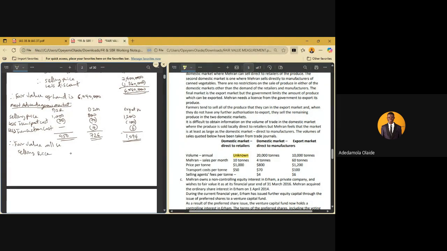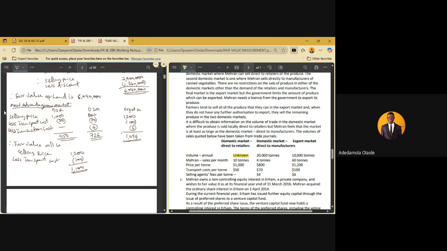Selling price, which is 1,200, less transport cost. $1,100 is what should be the fair value. Do we understand?